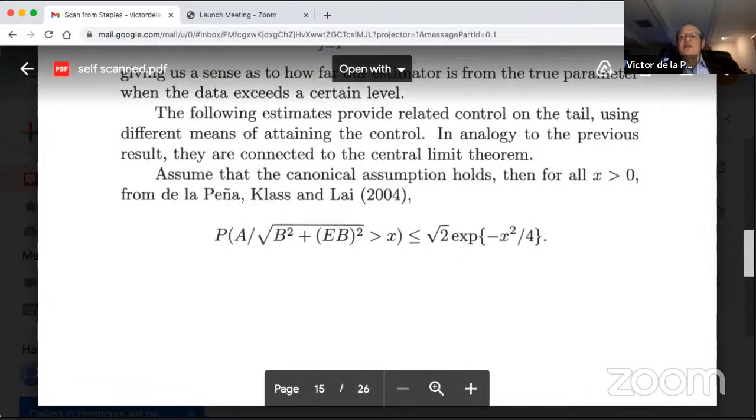So that is one example of self-normalization, but here comes another example. In this one, remember, we only assume that we have A and B arbitrarily dependent, and they satisfy the canonical assumption. Again, the canonical assumption is here.